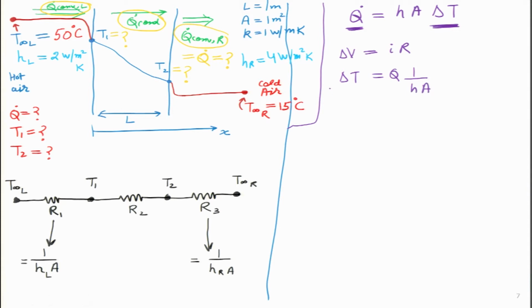You can see that I have brought 1 upon HA down from here to here. From this analogy we can see that resistance turns out to be equal to 1 by HA for convection.